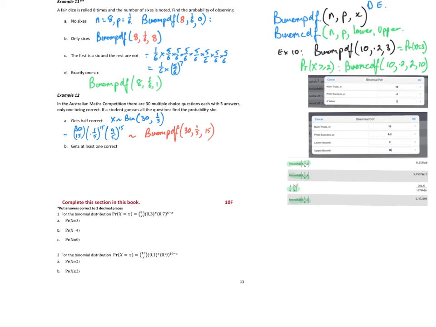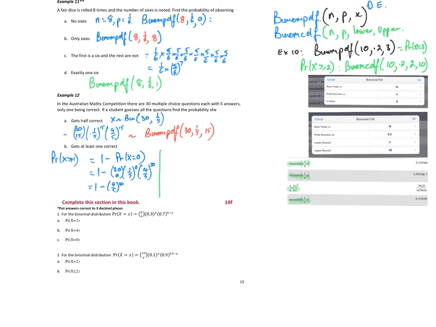Gets at least one correct. So 2 ways we consider at least one. The probability that X is greater than or equal to 1 is also the same as 1 minus the probability that X is equal to 0. And this could be a way you might need to do it. 30C0, maybe not so much this year because it's all brand new. 1/5 to the 0 successes, 4/5 to the 30, which is the same as 1 minus 4/5 to the 30.